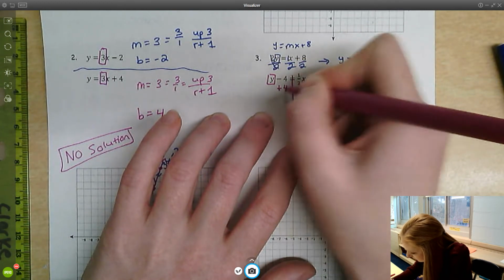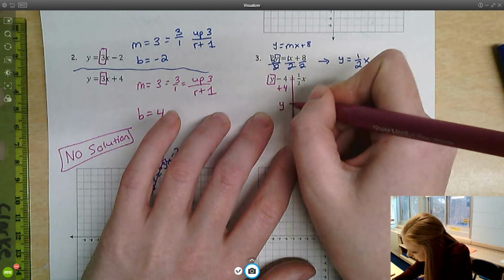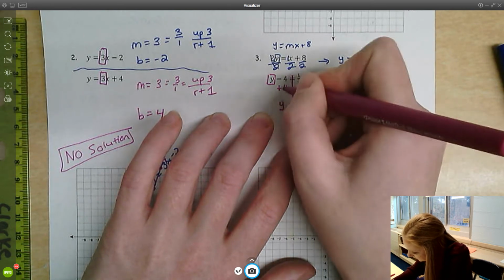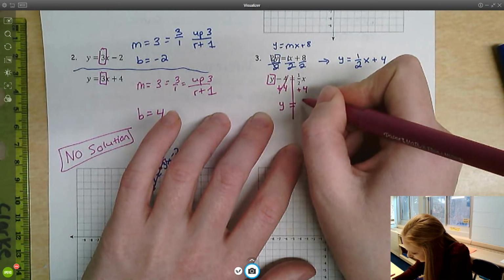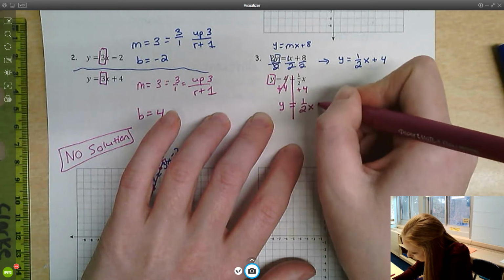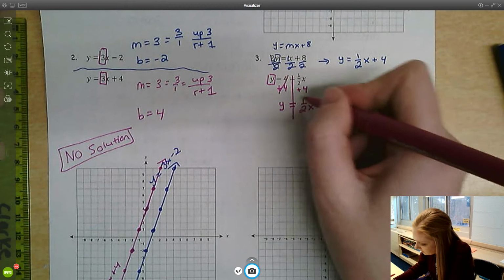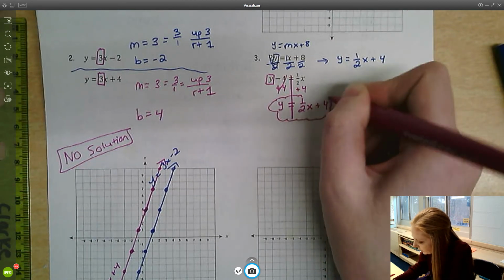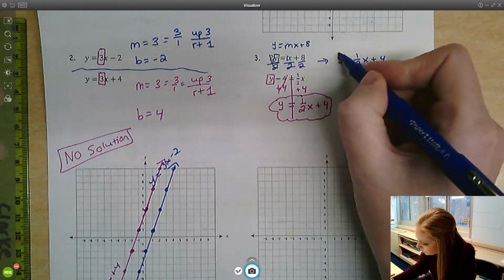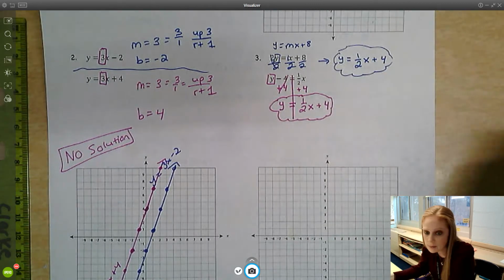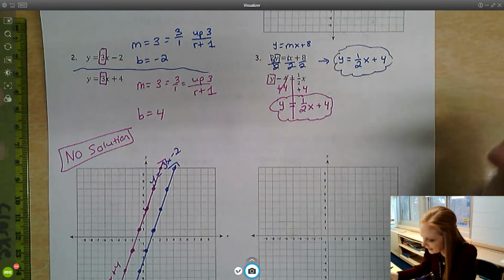So we need to move this minus 4 out of the way by adding 4 to both sides. Then we'll be left with y equals 1/2 x plus 4. Interesting. Same slope, same y-intercept. What's going to happen?